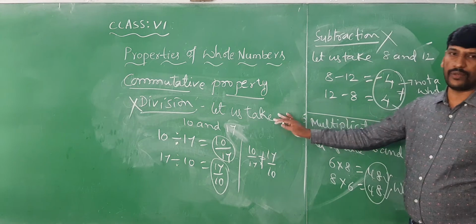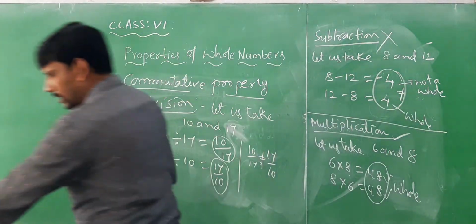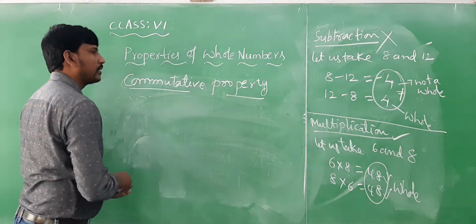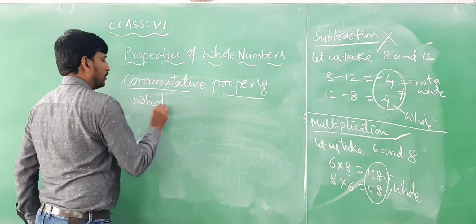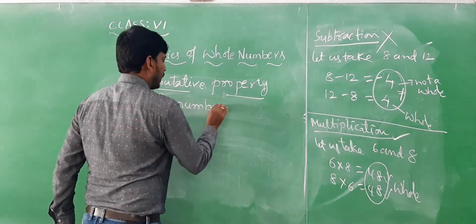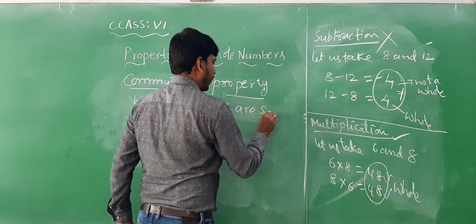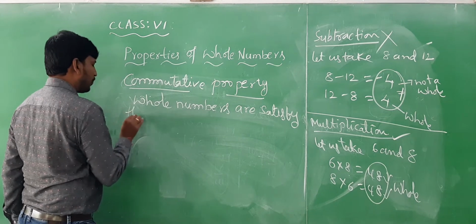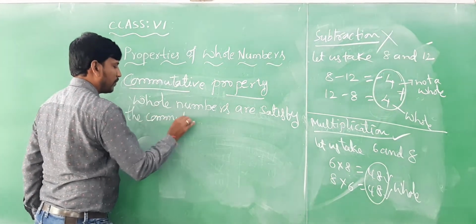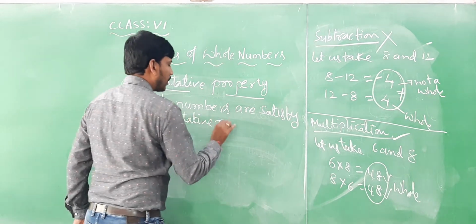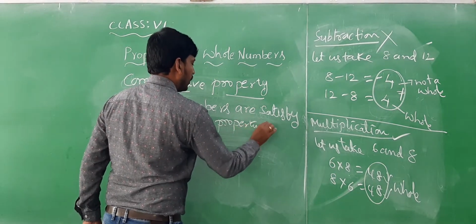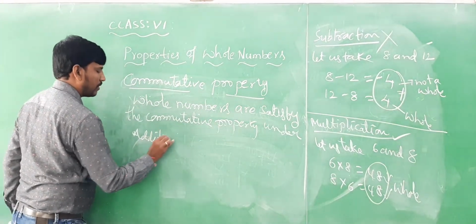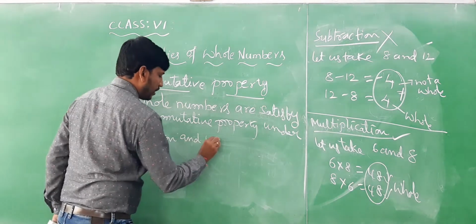So based on this we need to write one statement. What is the statement here? Whole numbers satisfy the commutative property under addition and under multiplication.